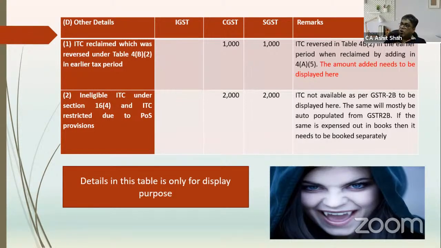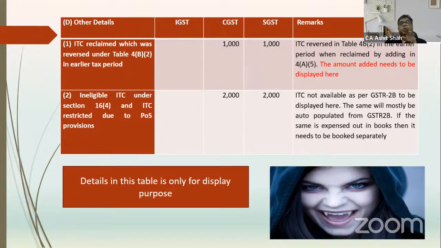Now, in the books of account, the taxpayer has claimed the credit or wants to avail the credit. But the 2B says that the vendor has not uploaded or has not filed his return 3B, so you are not eligible to claim it. But that fact should come onto the return, that yes, I have availed the credit. Otherwise, unnecessarily section 16(4) will come into the picture.